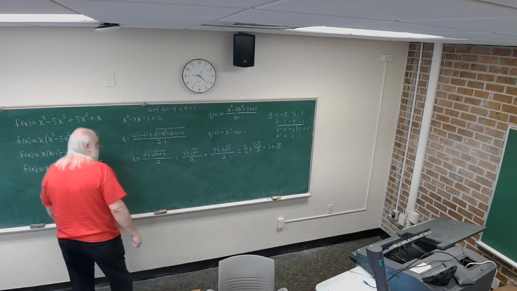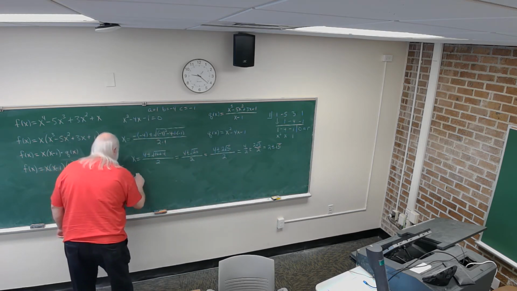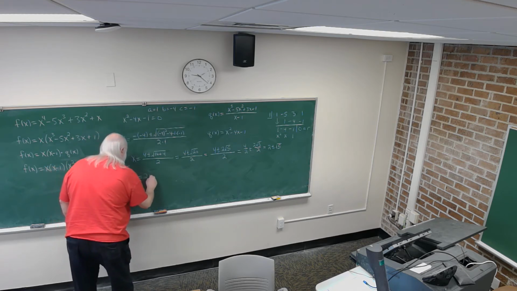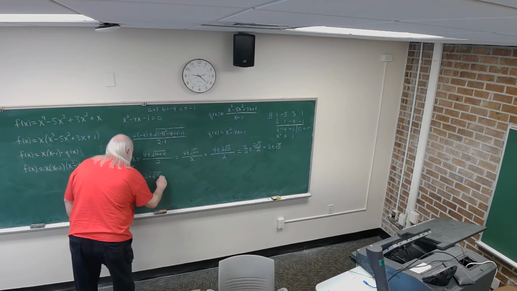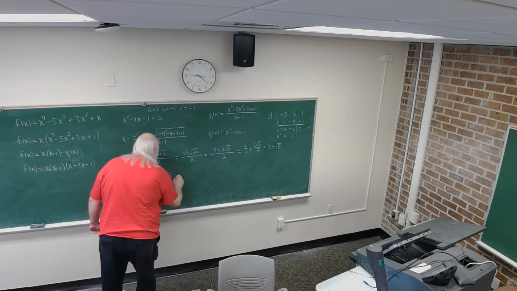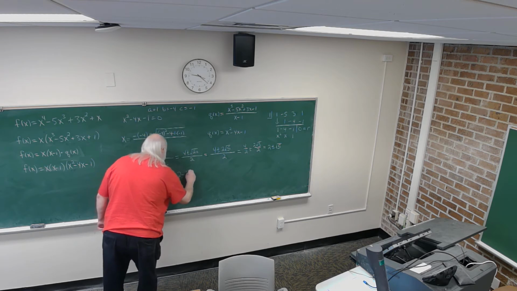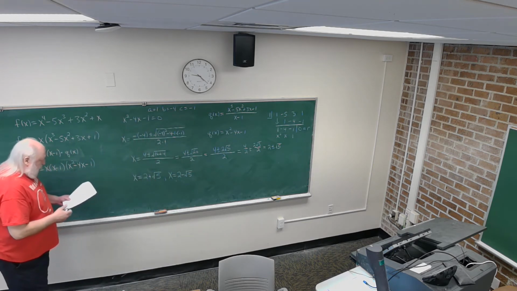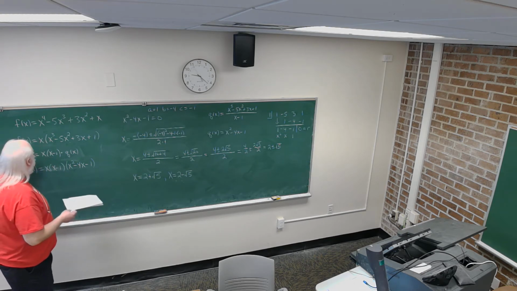So the last two zeros are x equals 2 plus the square root of 5, x equals 2 minus the square root of 5, and then we add them to the first two zeros.